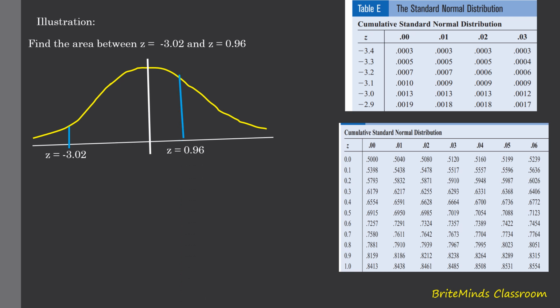Since we need to find the area between them, we need to shade the region. Let me shade the needed region first. This is the area that we need to determine.